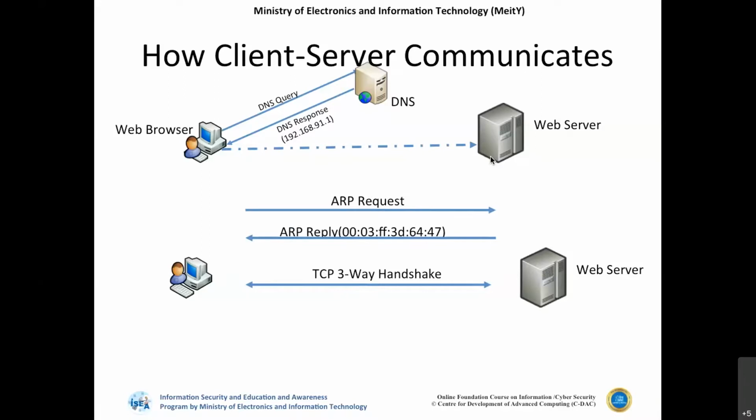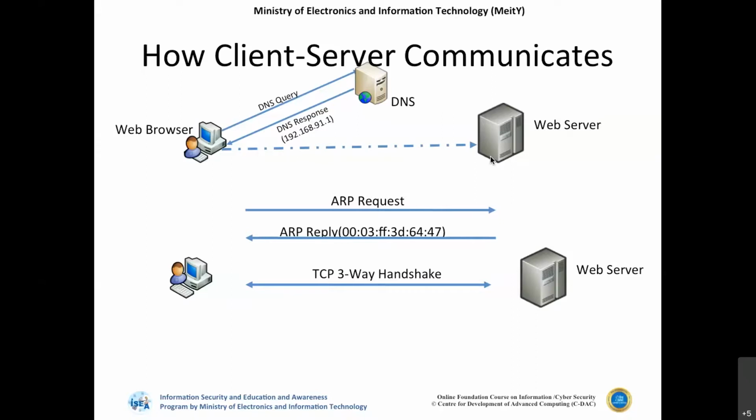Then the web server immediately responds with an acknowledgement of the SYN, saying yes, I am available. Then the client sends another acknowledgement, yes, I am accessing the website. So SYN, SYN-ACK, and ACK, these three handshakes are called the three-way handshake.